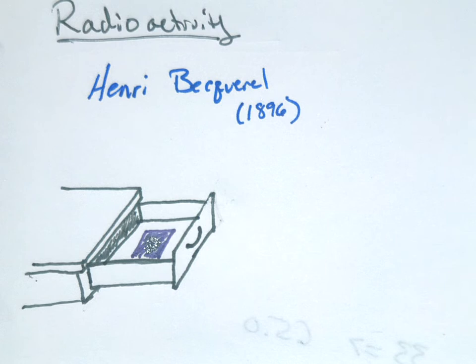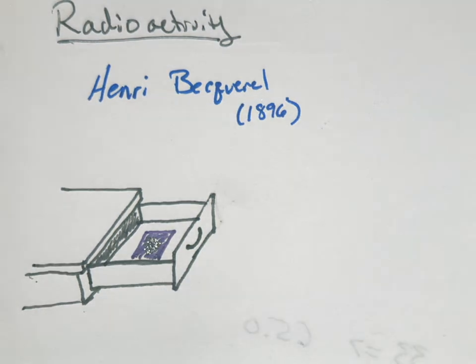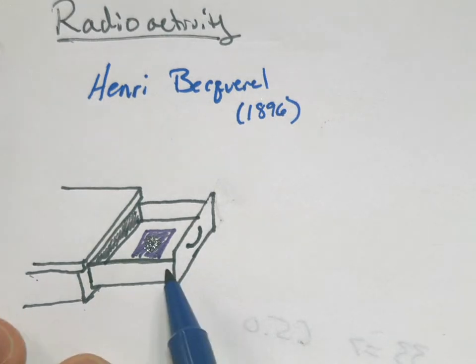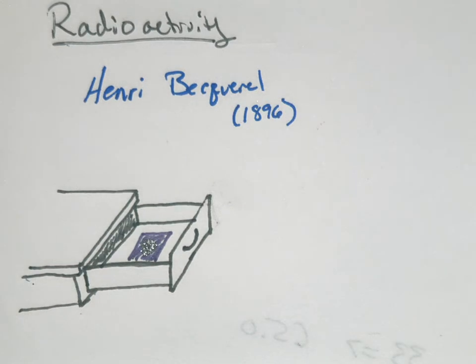In 1896, Henri Becquerel had some photographic film, which is the purple thing here. And he had the film completely covered up. He wanted to use it for other purposes, and if you expose photographic film to light, then it turns white and a chemical change happens. And so he put it in the drawer, and he had the photographic film in the drawer.